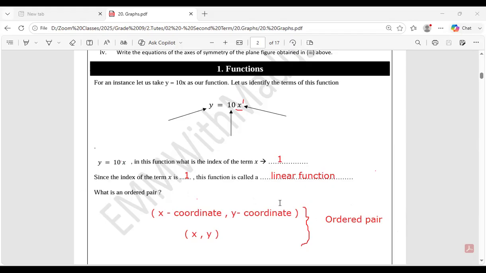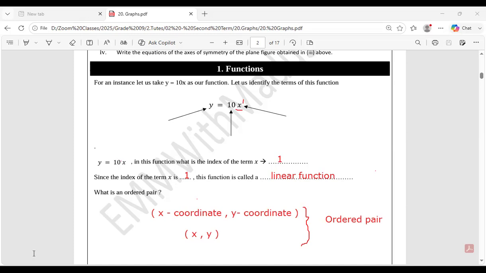We finish. Right. So let's go to the next page.